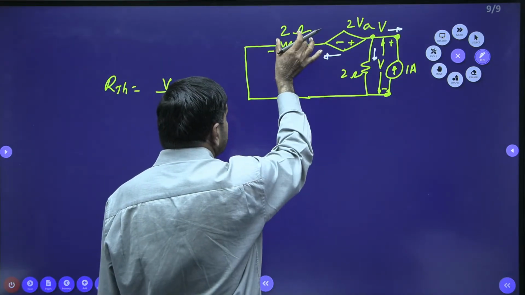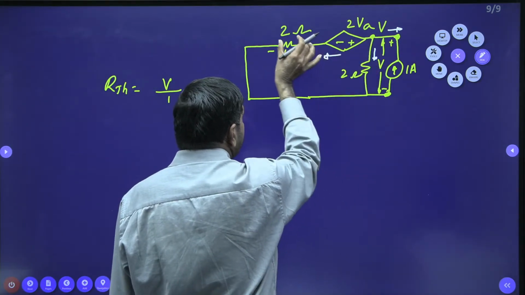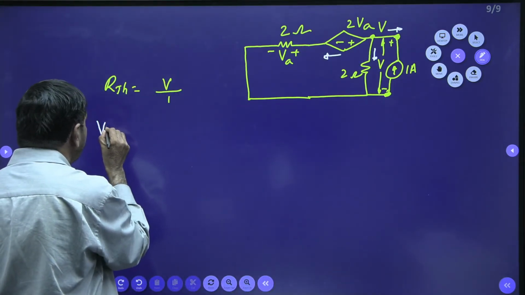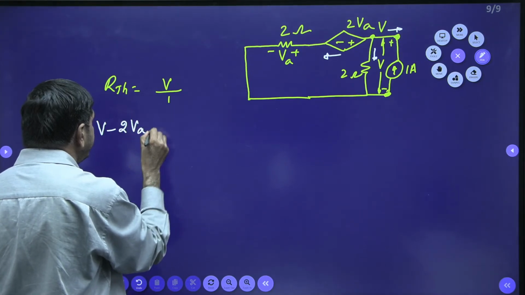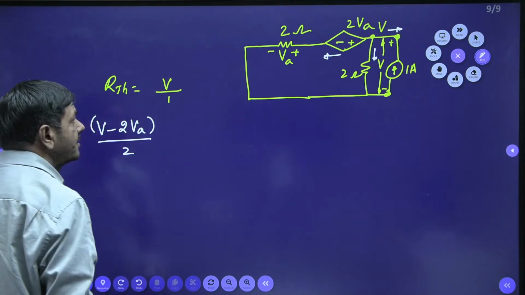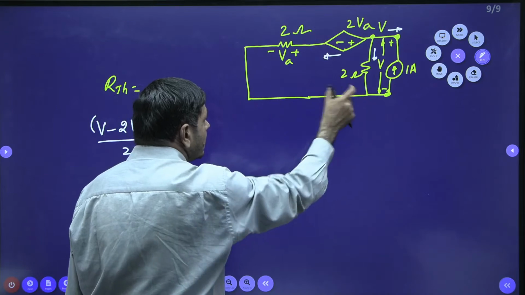The current across this 2 ohms is V minus 2VA divided by 2 ohms, the difference of voltages divided by the resistance across these two terminals.